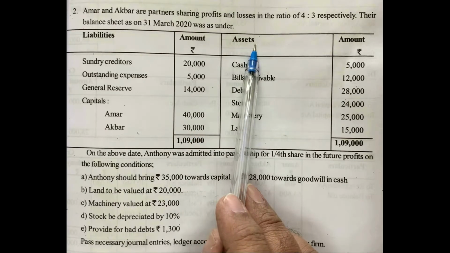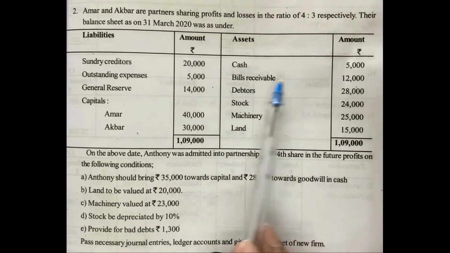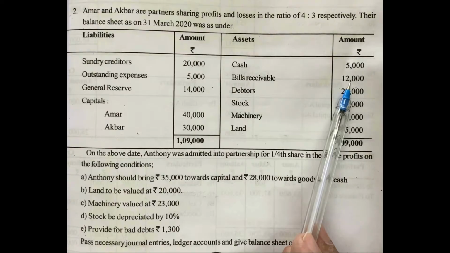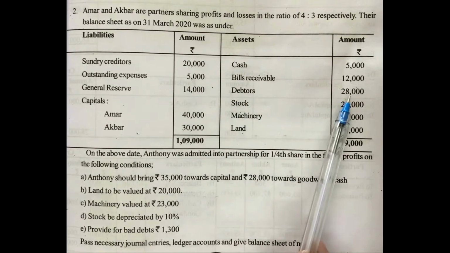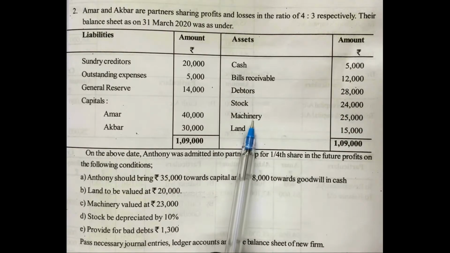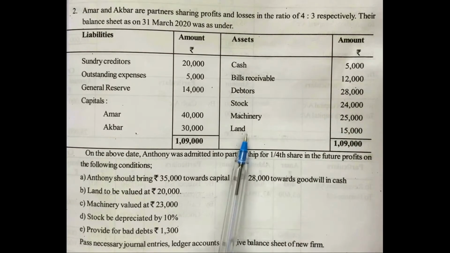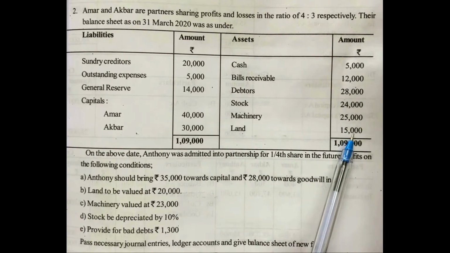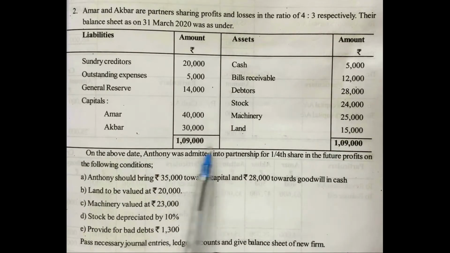Come to the asset side: cash 5,000 rupees, bills receivable 12,000 rupees, debtors 28,000, stock 24,000, machinery 25,000, land 15,000 rupees. Both sides' totals are 1,09,000 rupees.